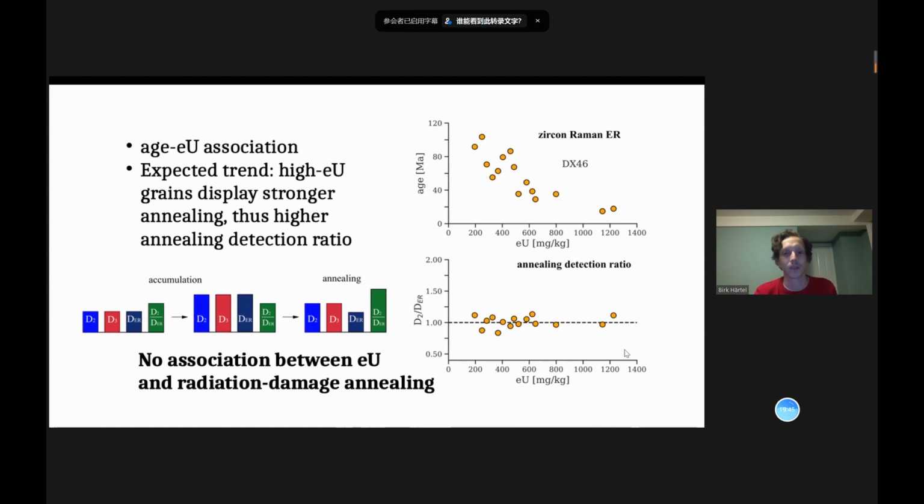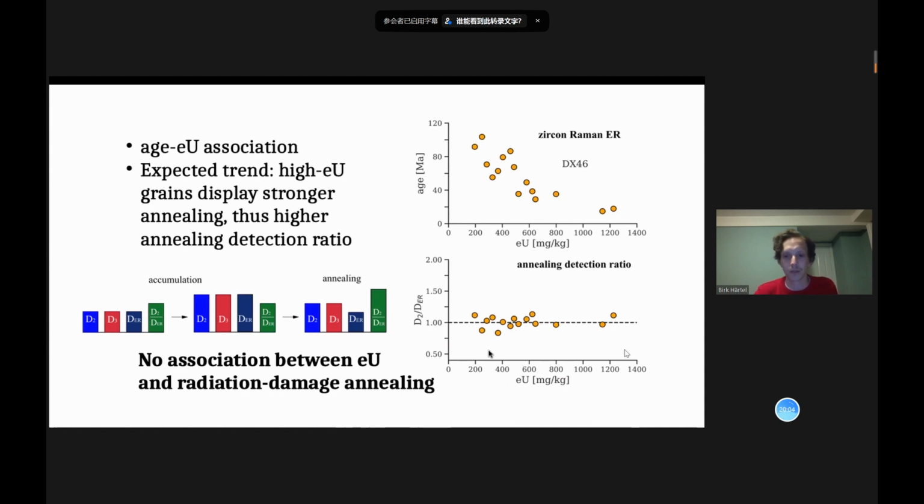And in this case, we usually use the so-called D2-DER ratio, which is 1 for an unannealed zircon, and which rises up to values of about 2 during thermal annealing of zircon. And again, we plotted this annealing ratio against our effective uranium.